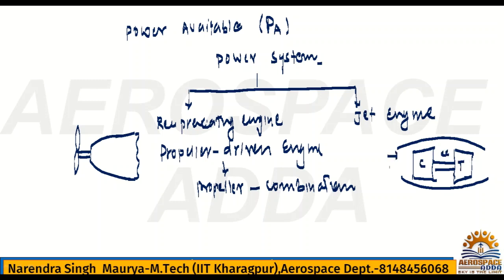So this is the jet engine, and this is the propeller driven engine or reciprocating engine propeller combination.